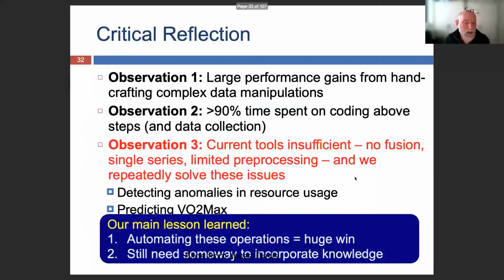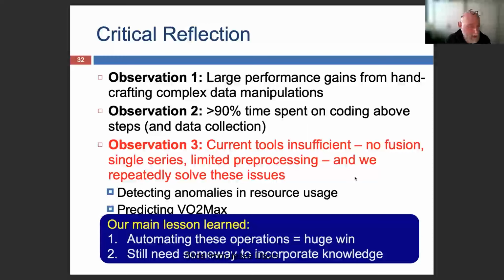There are some observations that Jesse and his team made, namely that if you handcraft features starting from these time series and this type of data, you get features that can really improve the performance a lot, and that typically requires using a bit of domain knowledge, like the fact that it's the left and the right leg that is being measured, and that there's a lot of time spent on coding this.